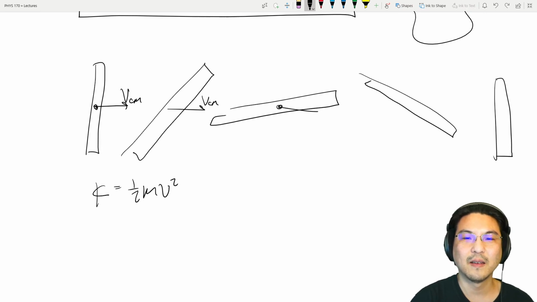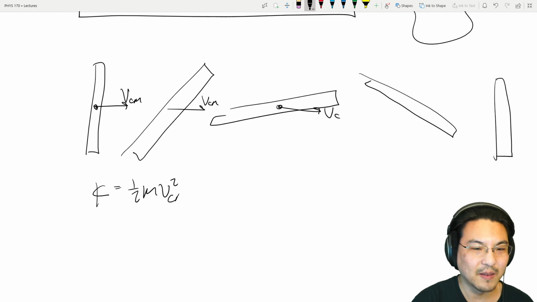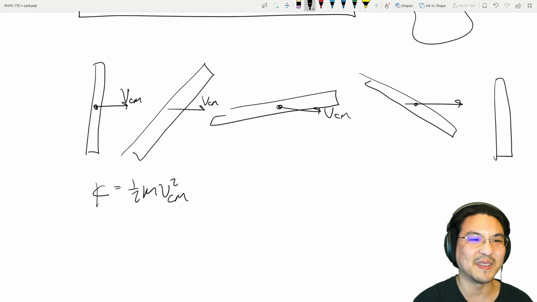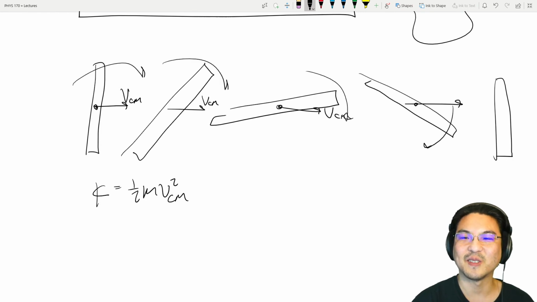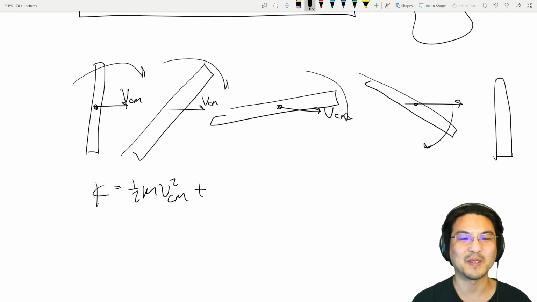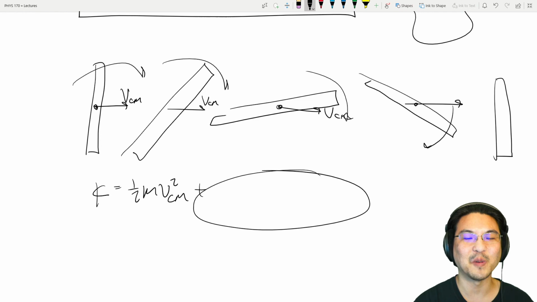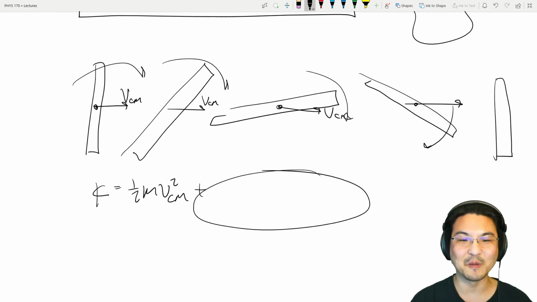The velocity of the center of mass. Although what's happening is this actual bar is rotating, so there's actually more to it. There's a rotational component to the kinetic energy, which we'll talk about in another video.